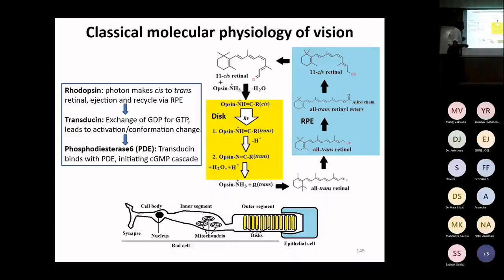Now, what happens after this is the retinol gets ejected, and that leads to some change in conformation. This rhodopsin, I will show you the structure in the forthcoming slide. Rhodopsin is associated with a G protein coupled receptor, GPCR. If you know, GPCRs are one of the most important pharmacological targets because they are membrane-based receptors.